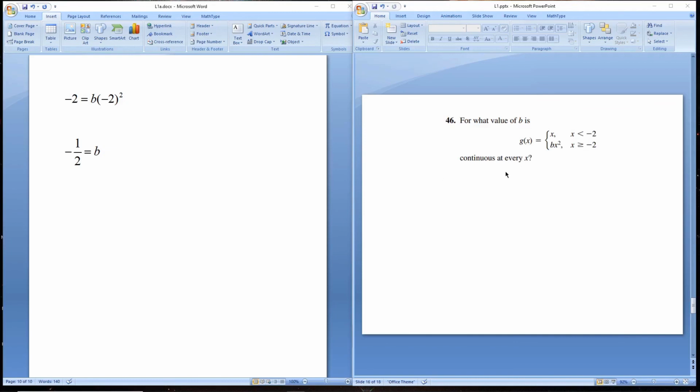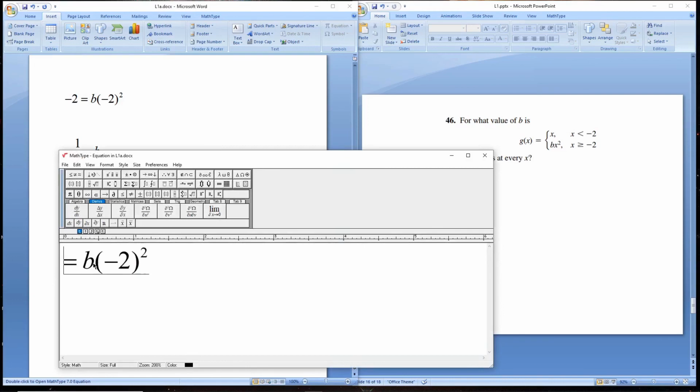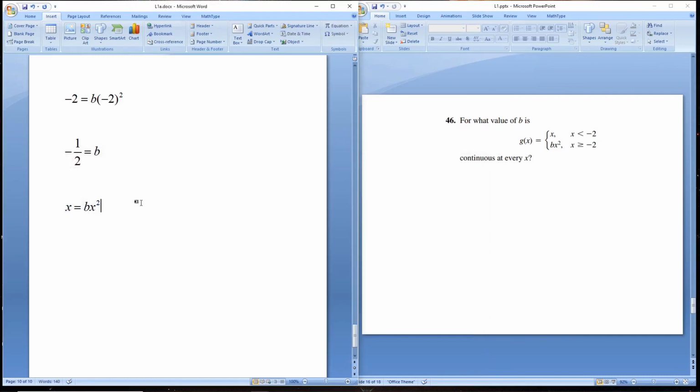Let me just go through that really quick again. What did we do? We equated the two equations. We set the two equations equal. But this is only true when x equals -2, because that's when we want them to touch.